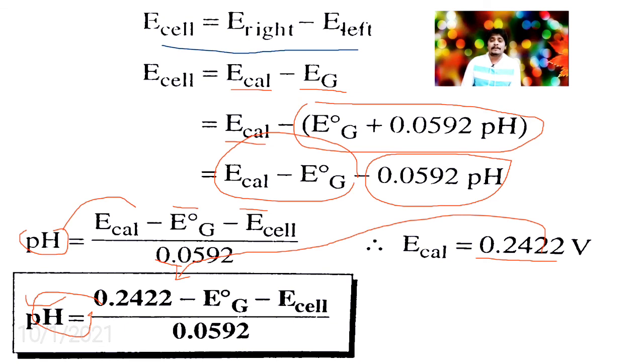Always remember that the saturated calomel electrode acts as cathode and undergoes reduction, whereas the quinhydron electrode and the glass electrode act as anode and undergo oxidation when coupled with the saturated calomel electrode.